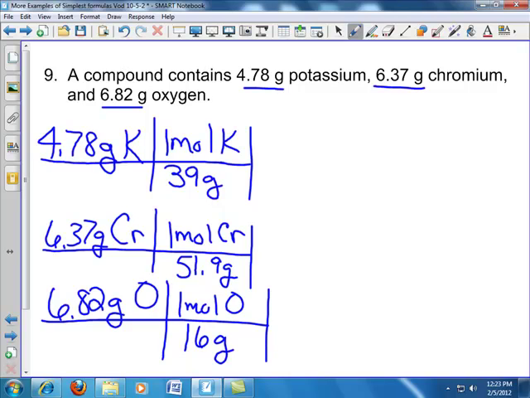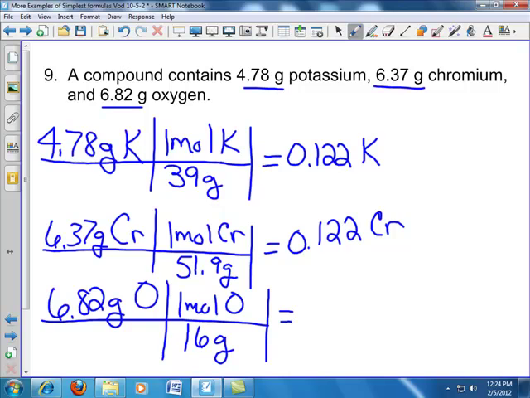Okay, so there's all my molar masses, and I'm just going to do the math here. So this first one comes out to be this many moles of potassium. This one happens to be the same number of moles of chromium, and we're just doing the math right now.